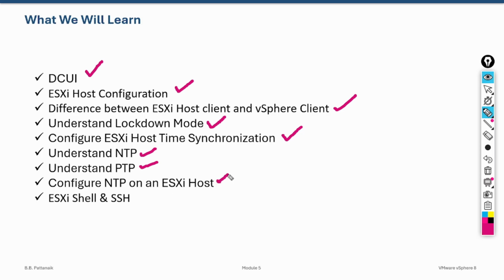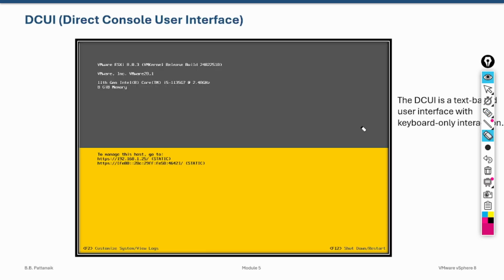Finally, we will discuss ESXi Shell and SSH. By the end of the lesson, you should have a good understanding of these important ESXi host management concepts. So let's start with DCUI.